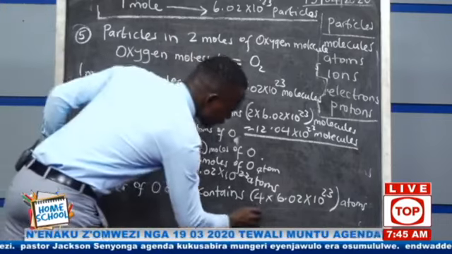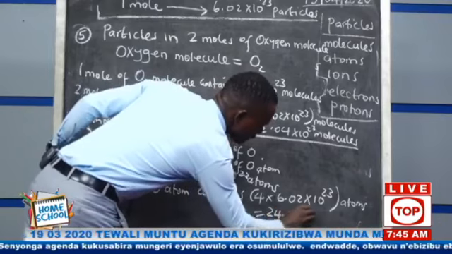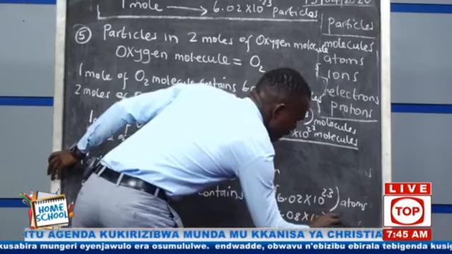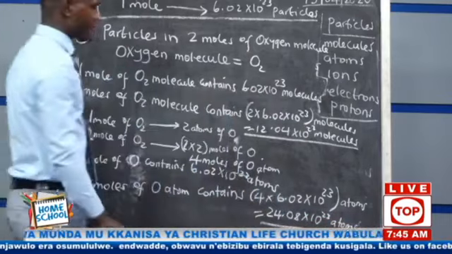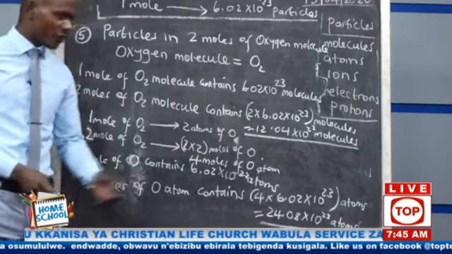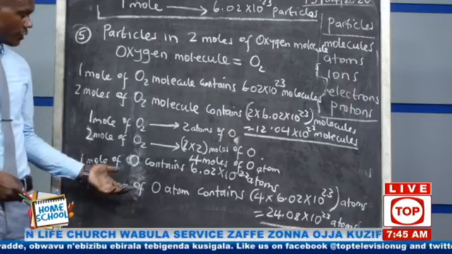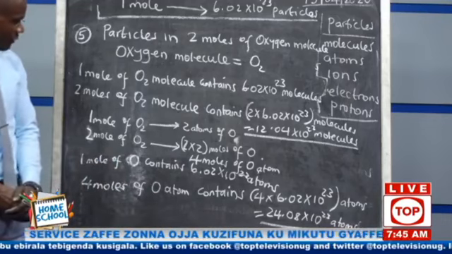Then when you calculate, you get 24.08 times 10 power 23 atoms. If you look at these answers very well, they are repeating themselves. Okay? It is the same mathematics we are applying in all.